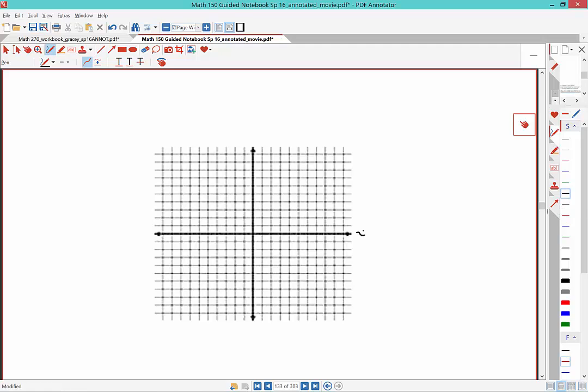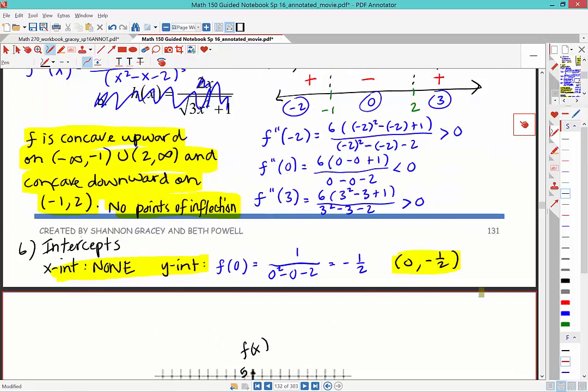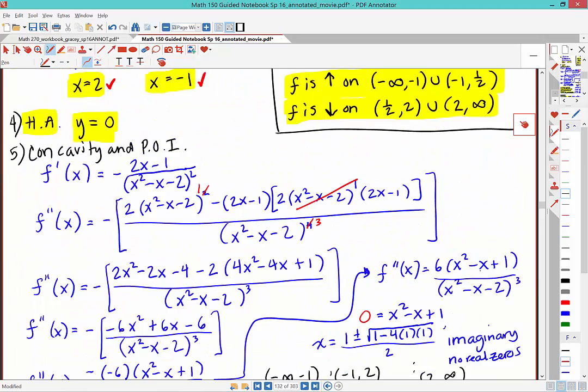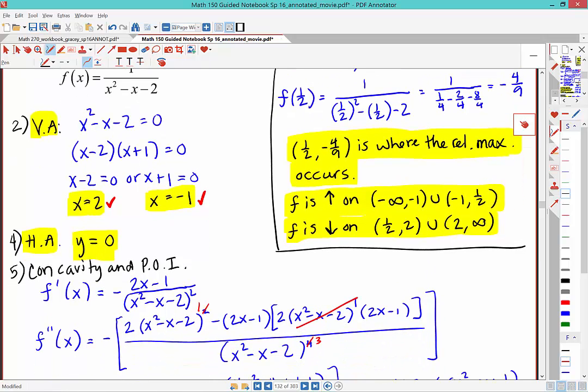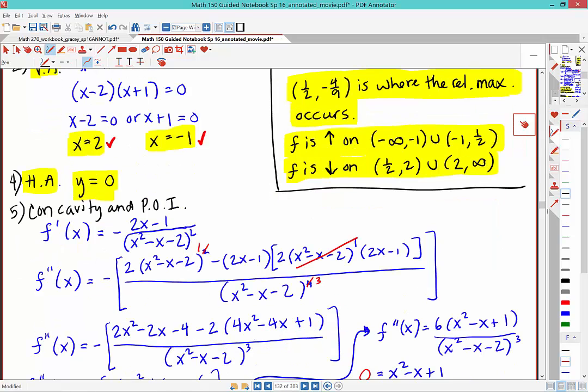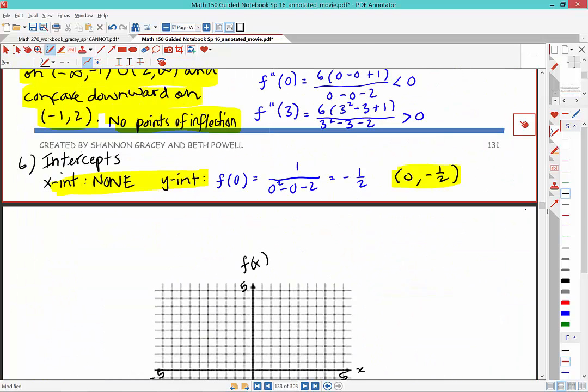So we had x and f at x. We don't have very large numbers, so I'm going to do negative 5 to 5 all around. And we had, let's see, our info. So you just kind of go back and look, and we found there were vertical asymptotes at x is 2 and x is negative 1, right? So let's check those out. And then we also had a horizontal asymptote at y is 0. So let's draw those in.